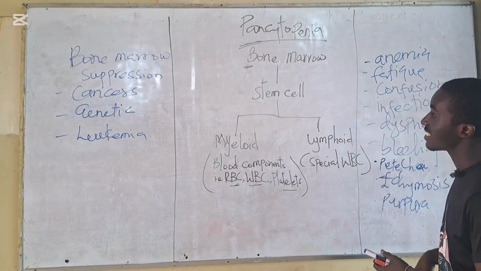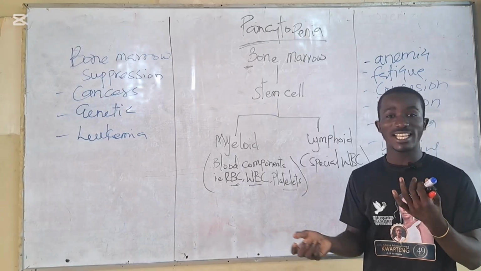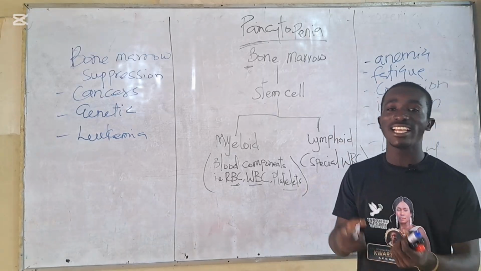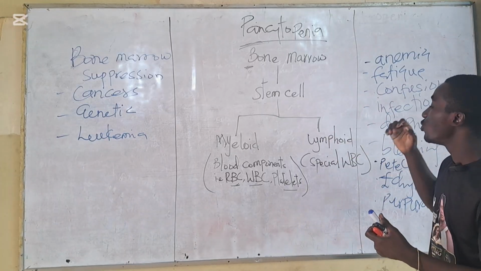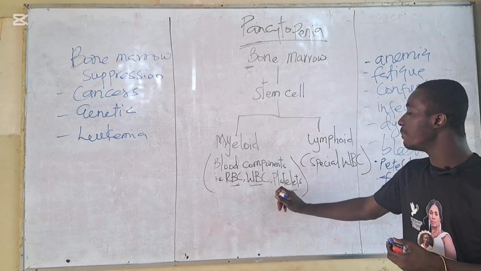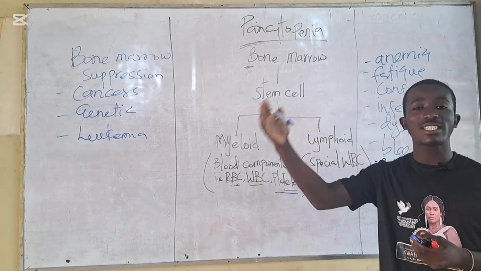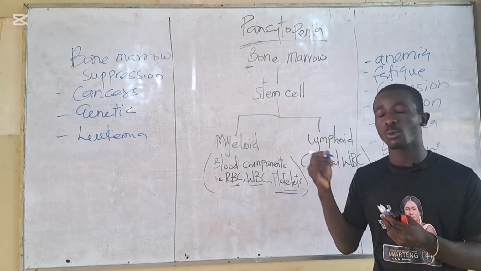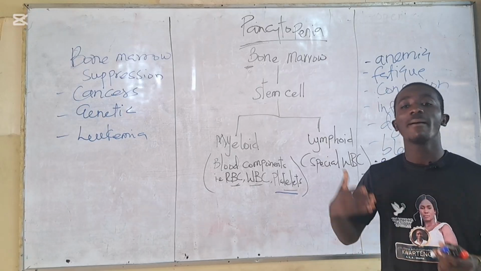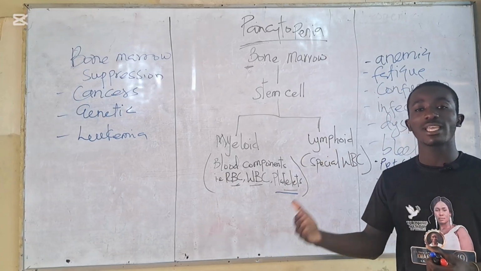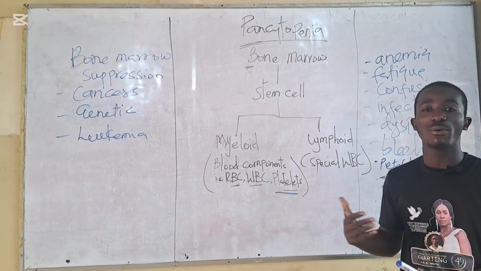These are some of the signs and symptoms the patient might present. In your nursing management, this is what you are going to do. You need to check for any bleeding tendencies, and put in measures to prevent the patient from bleeding, or from getting into contact with anything that will bring bleeding.